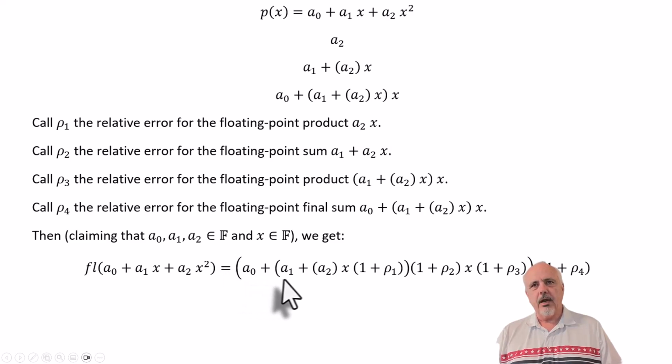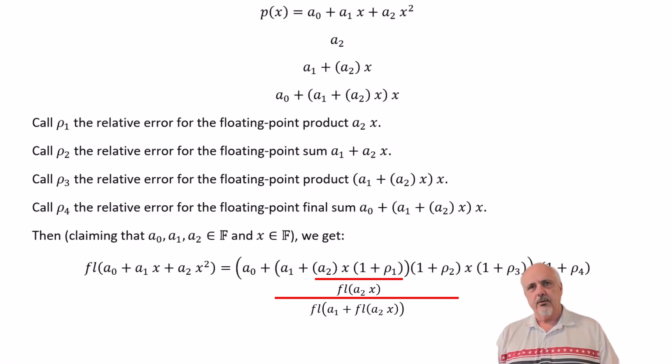I'm going to write it out in the row format here, and I'm going to remind you that the first floating point operation is coming from a2x times 1 plus row 1. So that's my first floating point operation. And I'm going to remind you what to look for. Adding in that a1 now, and I'm going to float that.